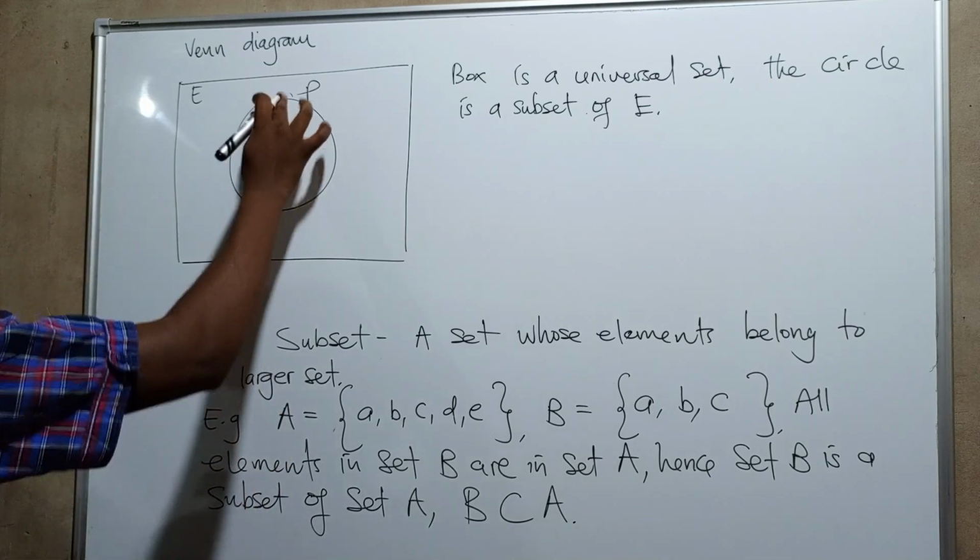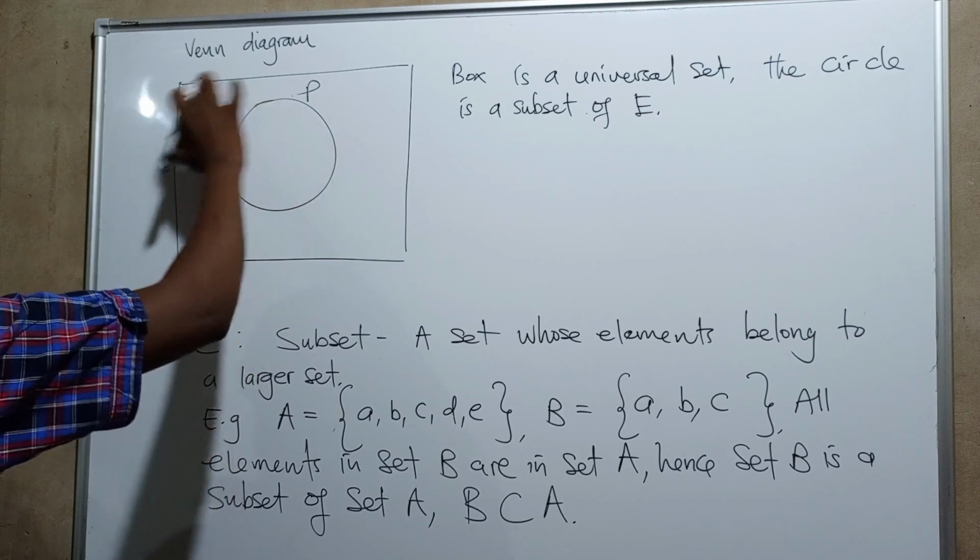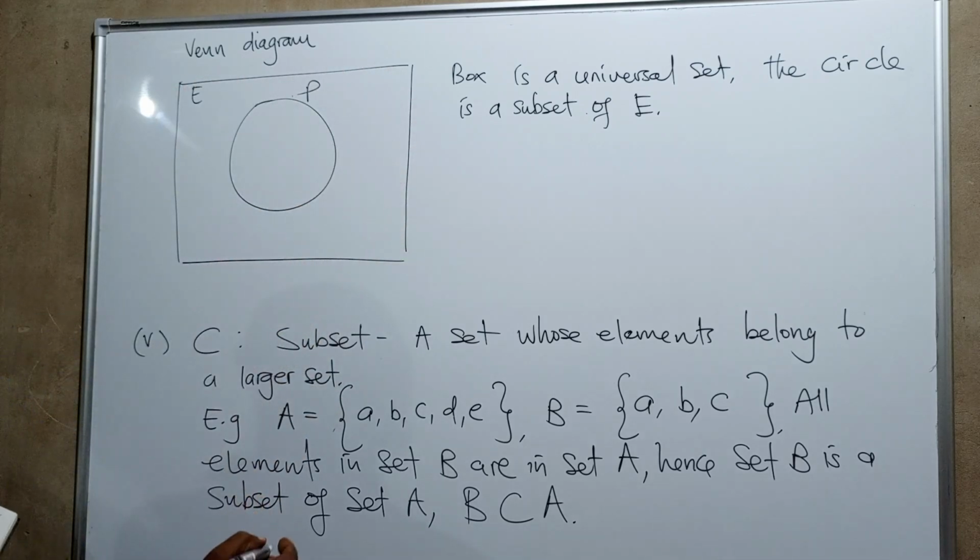Why? Because it is inside this. So this is inside the box, and therefore it is a subset.